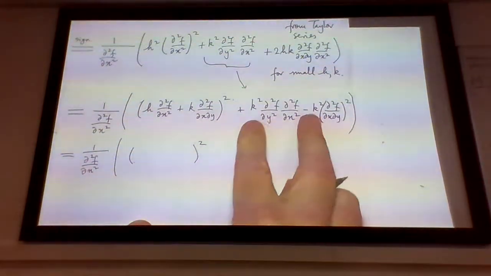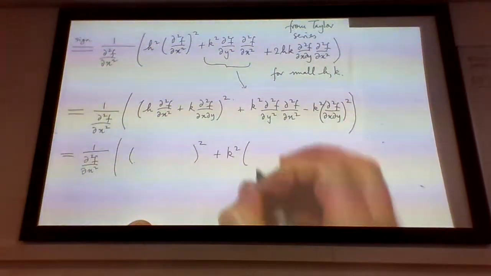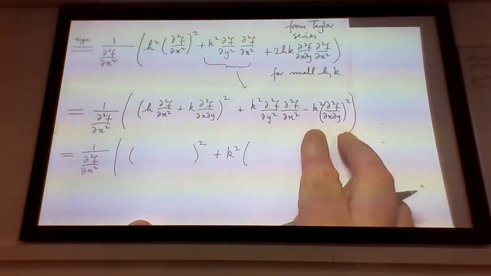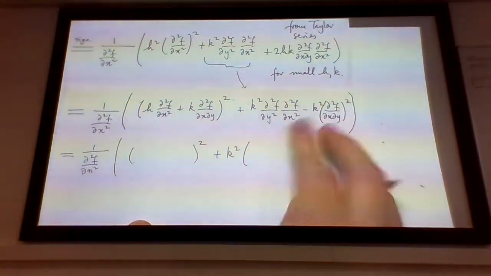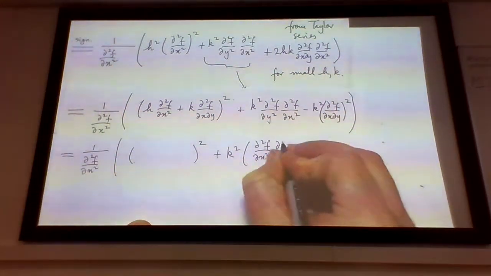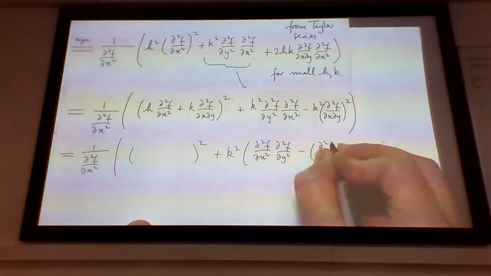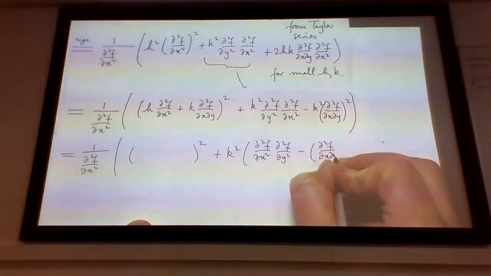Now you see I've got a factor of k squared there in both terms. So that's k squared into the Hessian determinant. So it's d2f dx squared, d2f dy squared, minus the square of d2f dx dy.